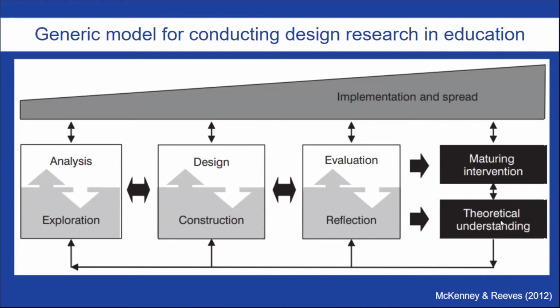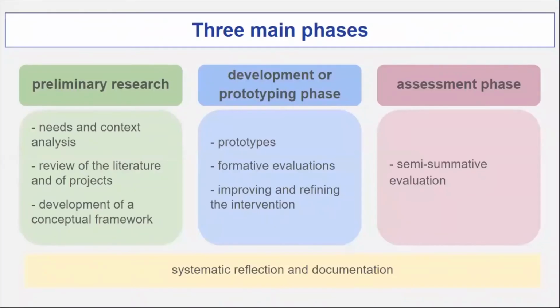These are just some examples of models for conducting DBR. There are many other ones according to different authors. Authors may vary in details of how they picture design research, but they all agree that design research has 3 main phases.